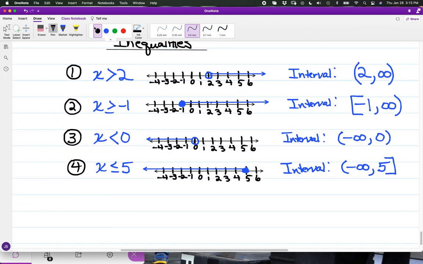Now, let's say we have x to be simply the set of all real numbers.